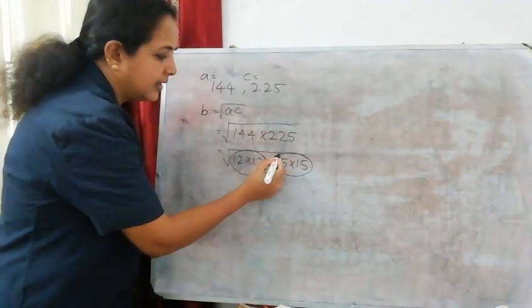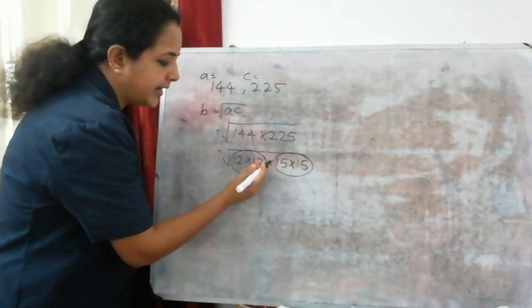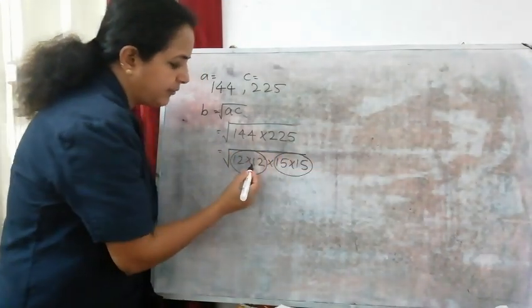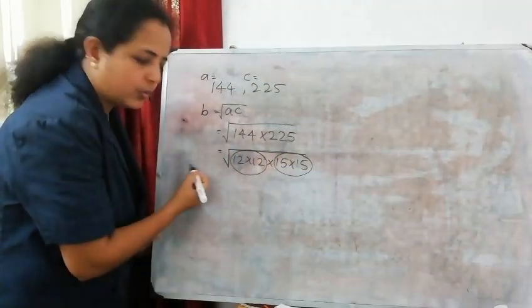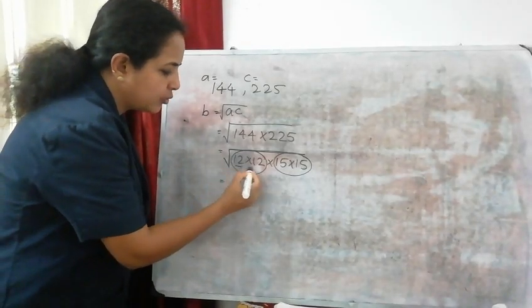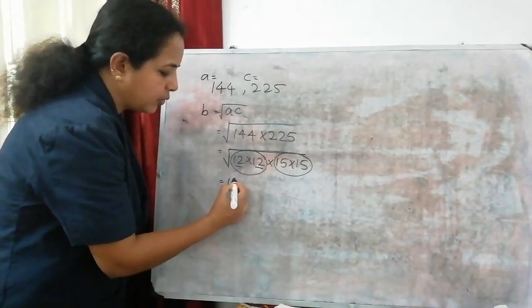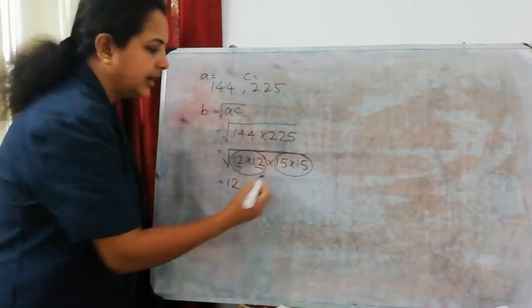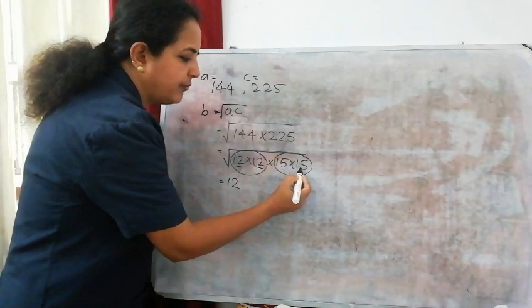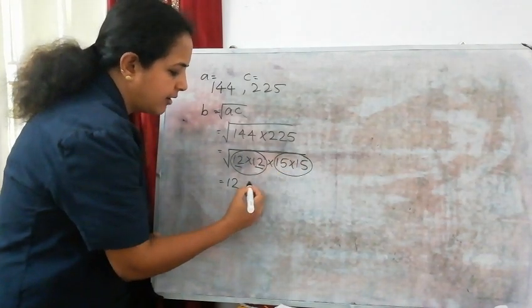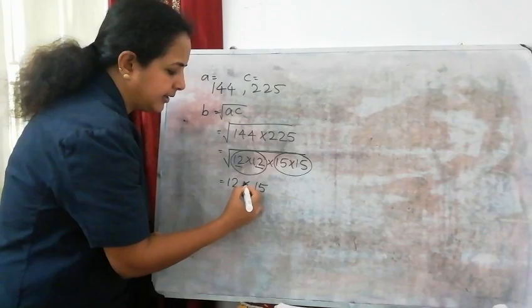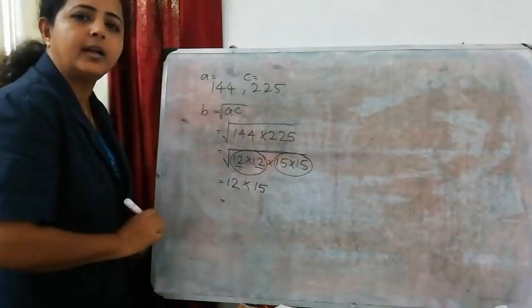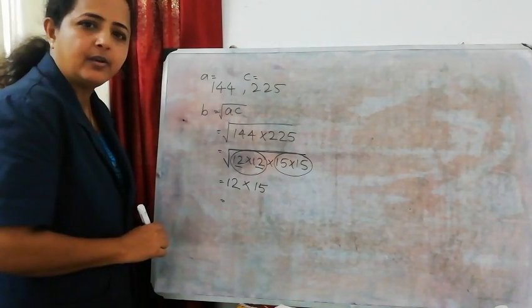When we are taking a number out of the root, if there are two same numbers, only one will come out, and the square root will be cancelled. So 12 and 15 only remain, and in the middle is multiplication. Then when we multiply these two, we will get the answer. This is the way of finding the square root.